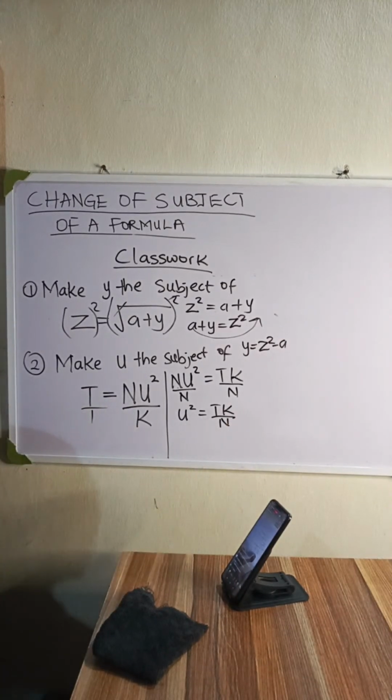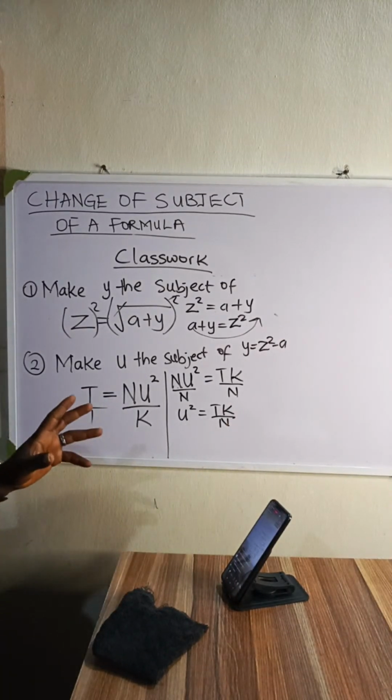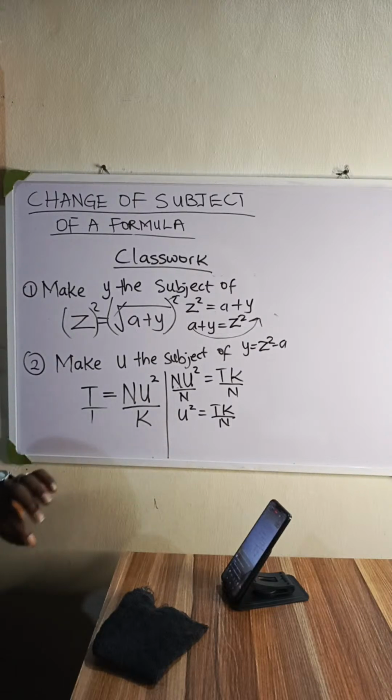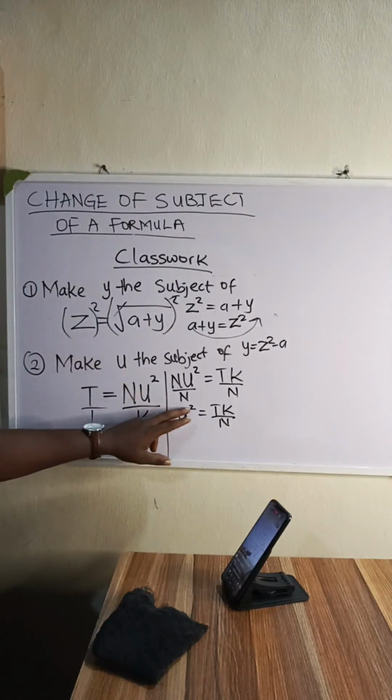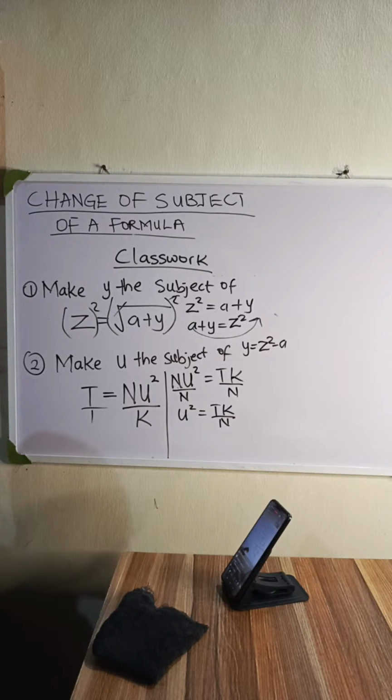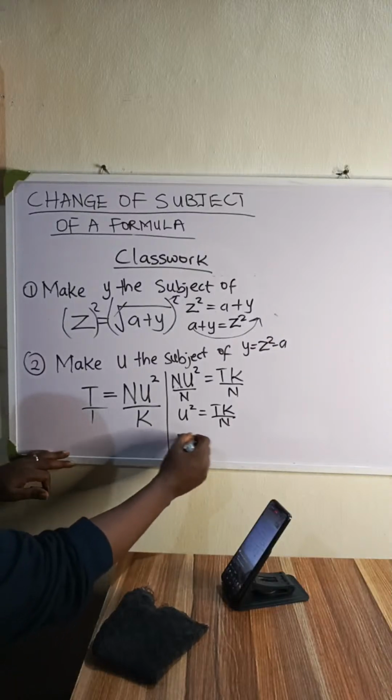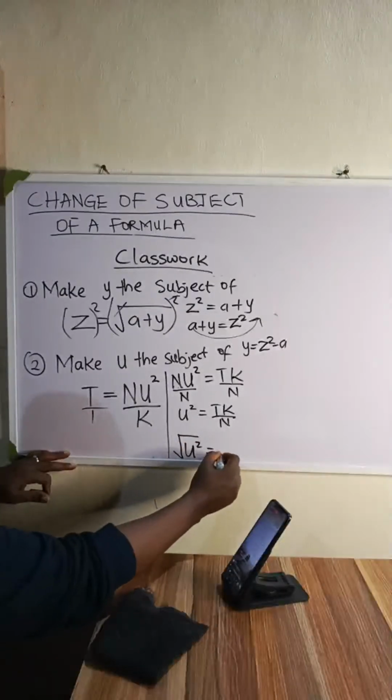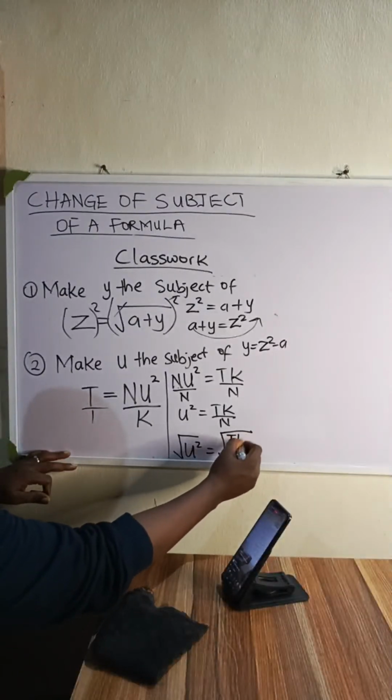But have we made u the subject yet? No, we haven't. The reason is we still have a square. We are not expected to make u squared the subject. We're expected to make u the subject. So because of this, we have to eliminate the square. To do that, we introduce the opposite of square, which is square root. So we have the square root of u squared is equal to the square root of tk all over n.